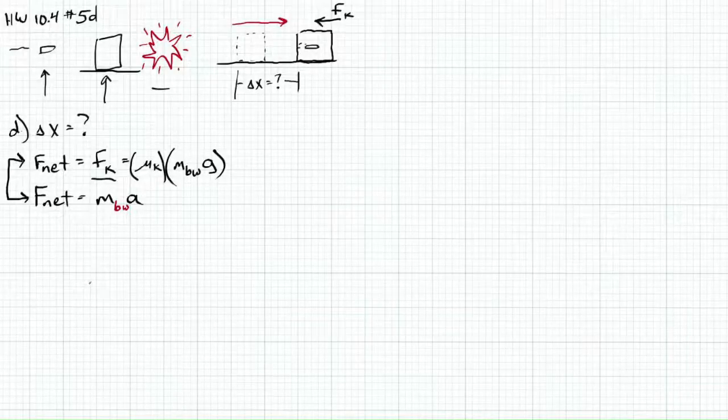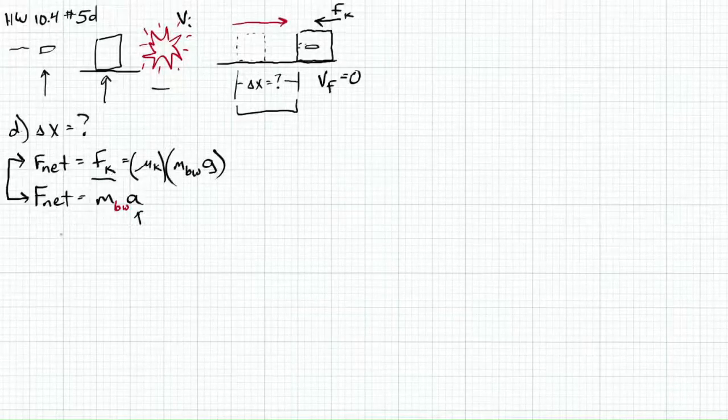You may be asking, why do we care about the acceleration? Because we want to find this distance, delta x. If we find acceleration, we know the initial velocity after the collision, and we know the final velocity has to be 0. So we can easily solve for delta x if we first solve for acceleration.